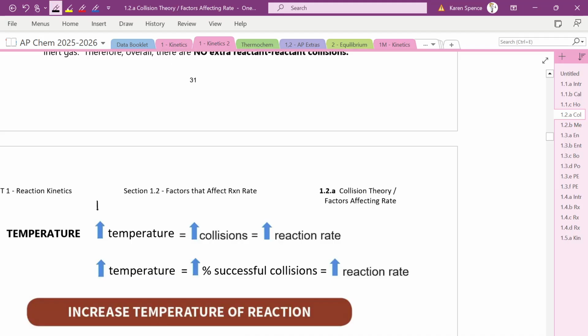Because when I increase the temperature, that is the same as an increase in kinetic energy, which leads to an increase in the percent of successful collisions.